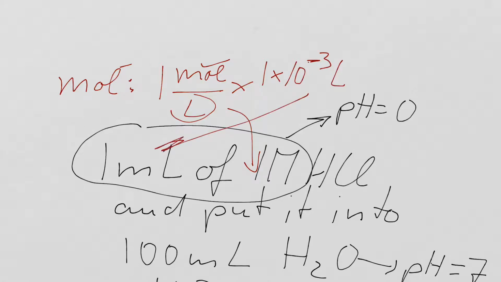That is this one here. And we use this because our protons come from the acid. So we want to know how many moles do we have in this 1 milliliter of the hydrochloric acid.